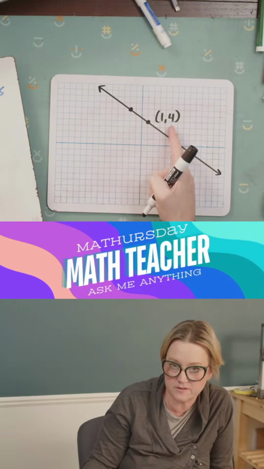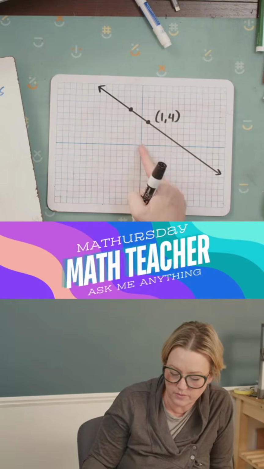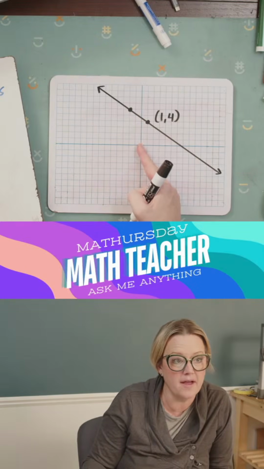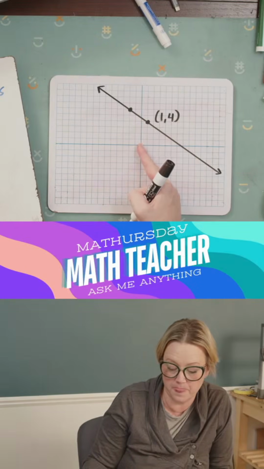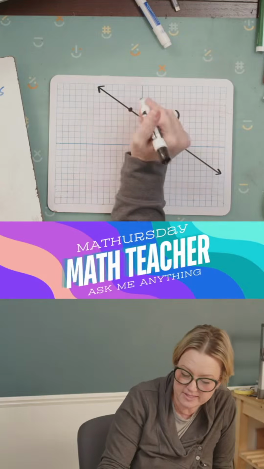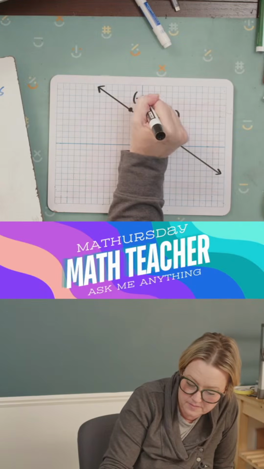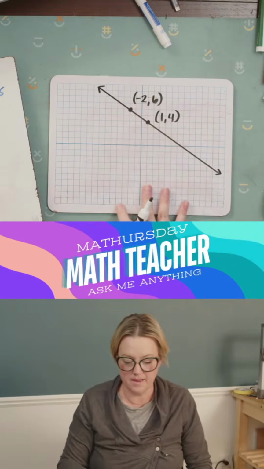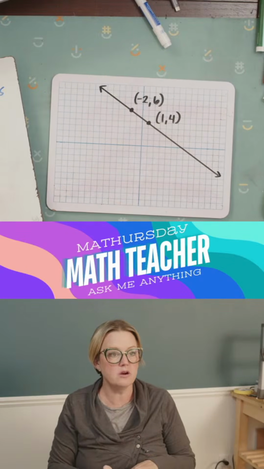We list the x first and the y second. So we go out to 1 and then we go up to 4. Every time we plot a point, we go back to the origin. So here is (-2, 6). Okay, so there we go. These are our 2 points.